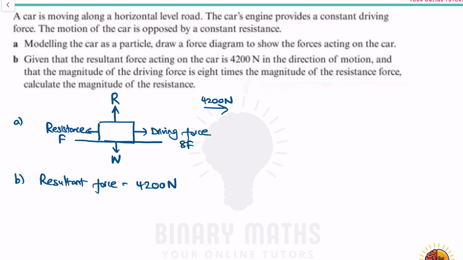Because the resultant force is 4,200 and it's moving to the right, the resultant force is forces acting to the right take away forces acting to the left, which is 8F take away F. So 8F take away F is equal to 4,200, which means 7F is equal to 4,200, which means F is equal to 4,200 divided by 7, which is F equal to 600 newtons. So the magnitude of the resistance is equal to 600 newtons.